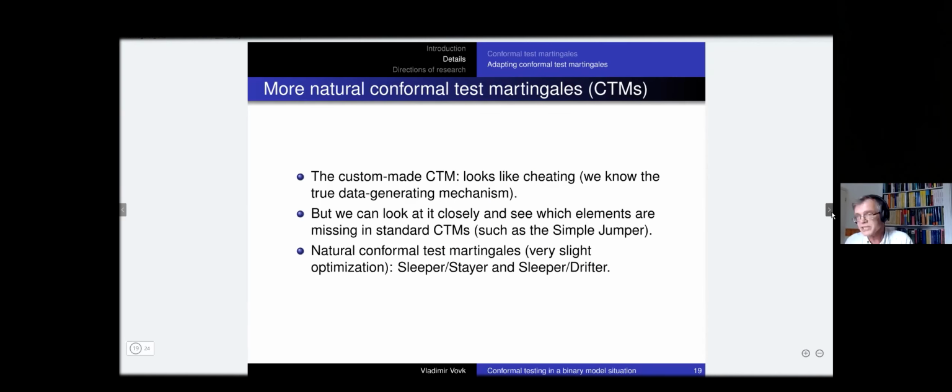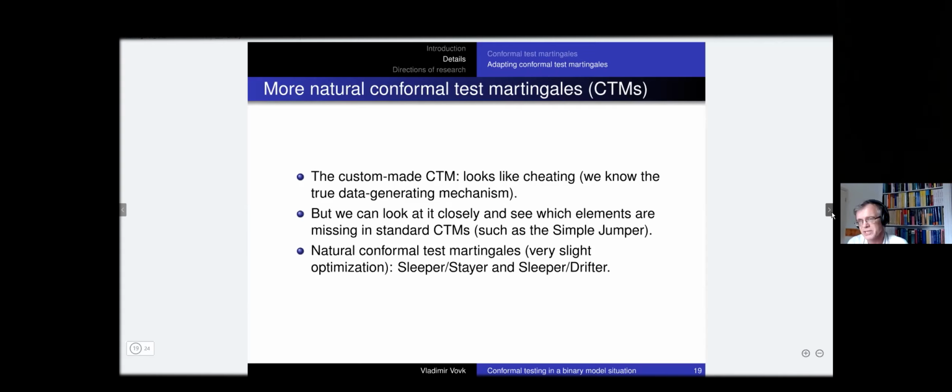But the next question is, why do we need it? It looks like cheating, because this conformal test martingale knows the true distribution. But you can look at the formula for this optimal martingale closely, and you can get some ideas. You can see what you get from the mathematics.